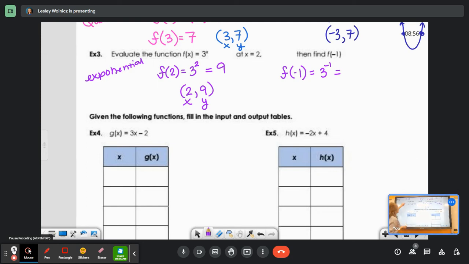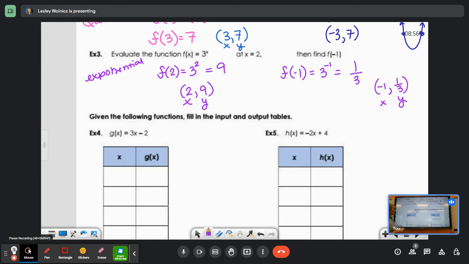Positive exponent. So that'll be 1 over 3 to the first. Do I need to put that little 1 power on there? No. So that gives us the point negative 1, 1/3. That's my x, that's my y, input, output. So if you give me an input and a function rule, I can tell you the output for that input.